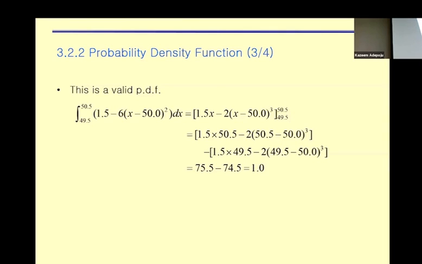If it integrates to 1, it means it's a valid PDF. And what is the implication of that? If it's a valid PDF, you can use it to answer a probability question. You can compute the mean, you can compute the variance, but if it is not, we cannot do all those things. Does that make sense?